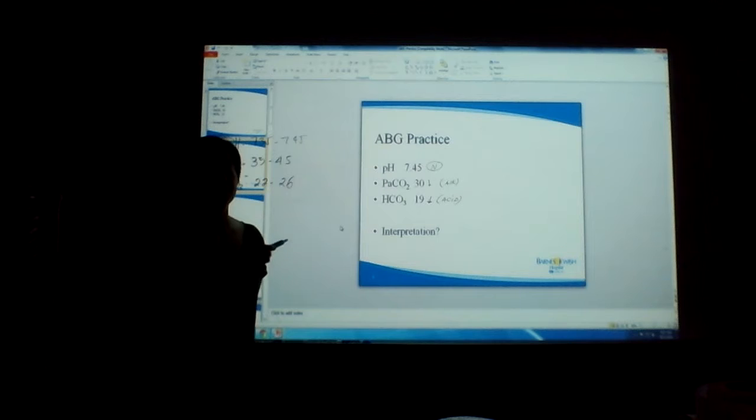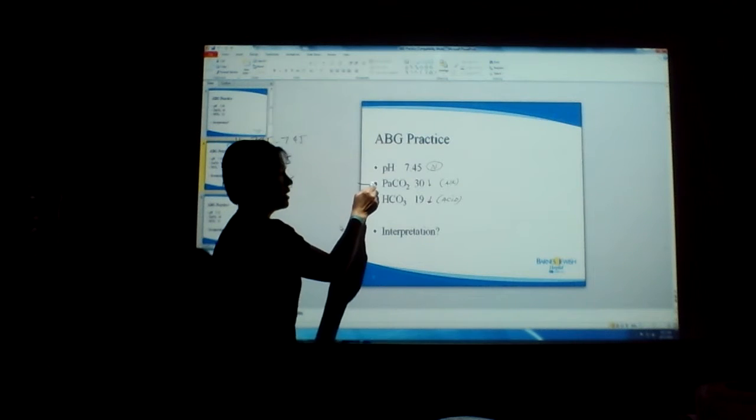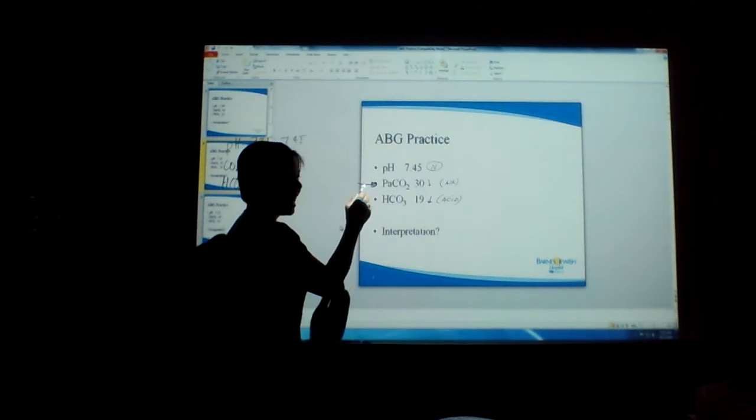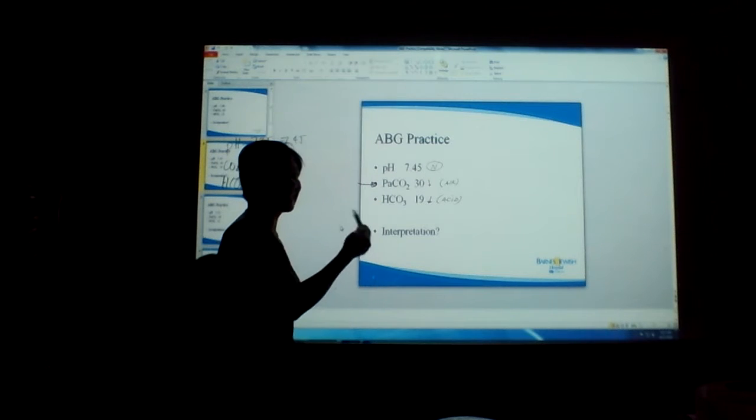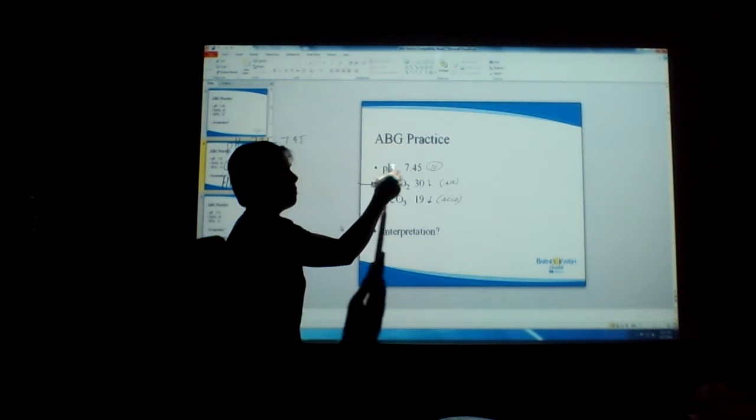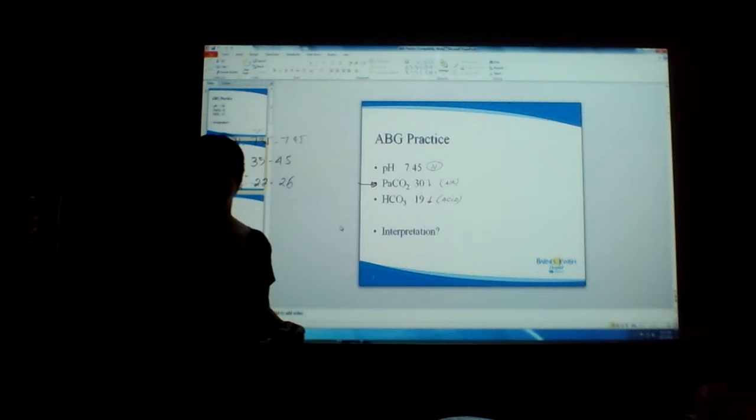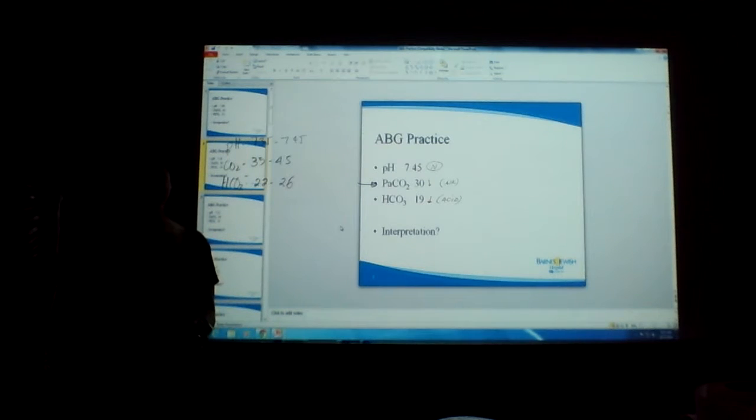Then ABG analysis shows the following. So the clinical scenario says the patient was hyperventilating. So you predict respiratory. So you're gonna say respiratory alkalosis compensated. It's already compensated because the pH went back to normal.